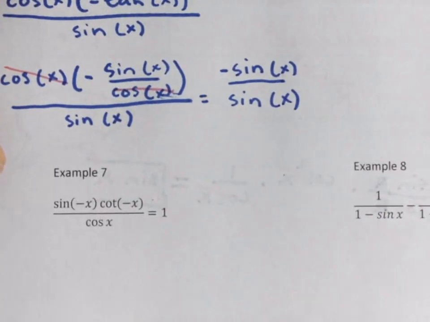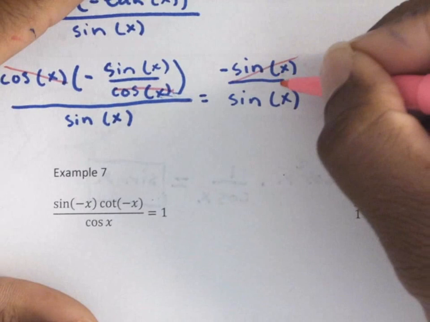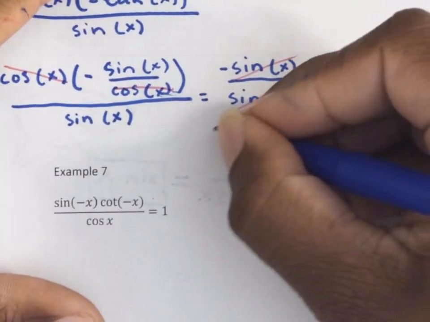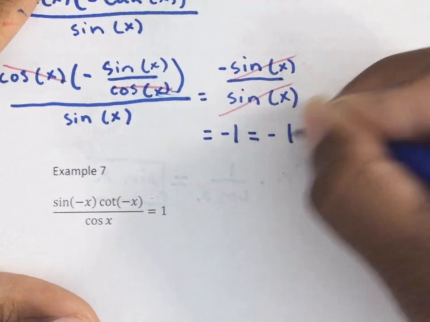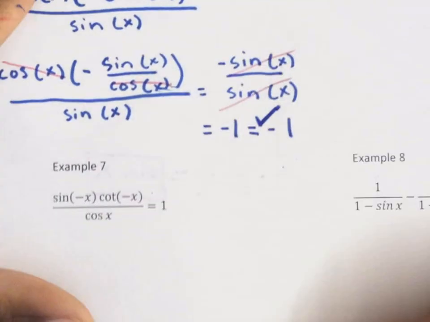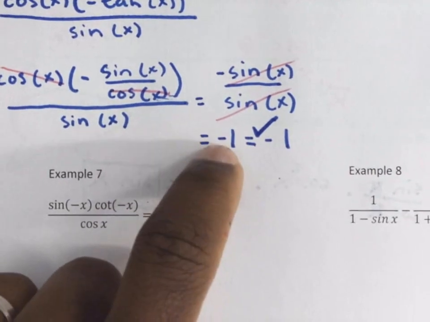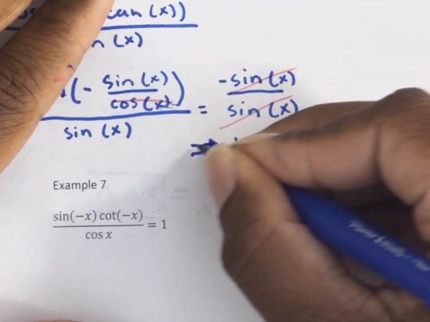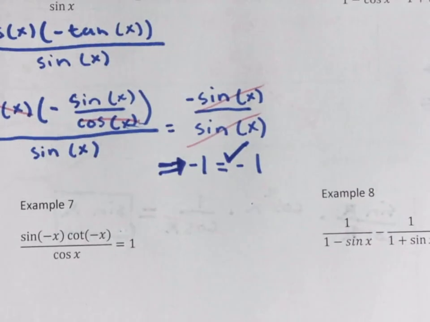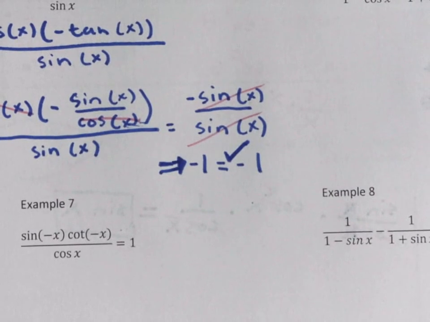These two things cancel out to equal negative 1. So negative 1 does equal negative 1. We just verified that this is true. So the left side came out to equal this, and then the right side was negative 1. You don't have to write it like that. You just do your steps, but this is me verifying it. Okay.